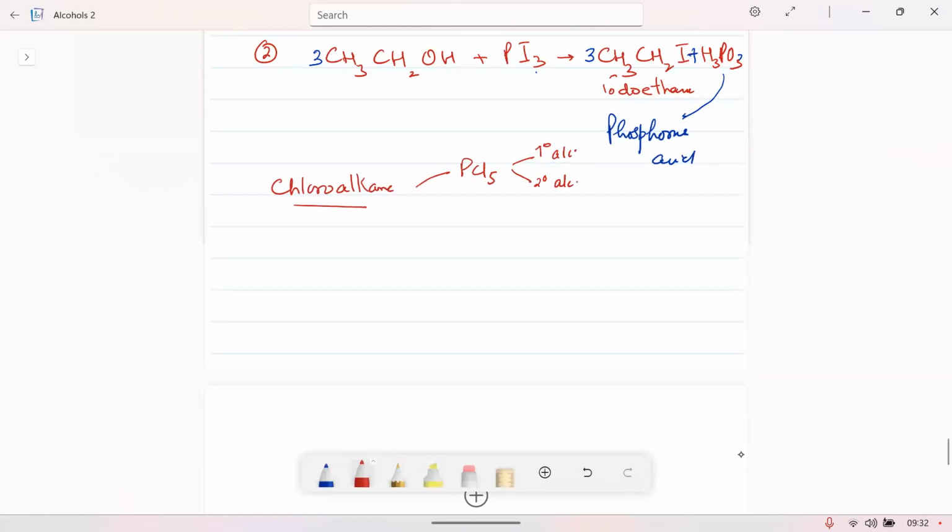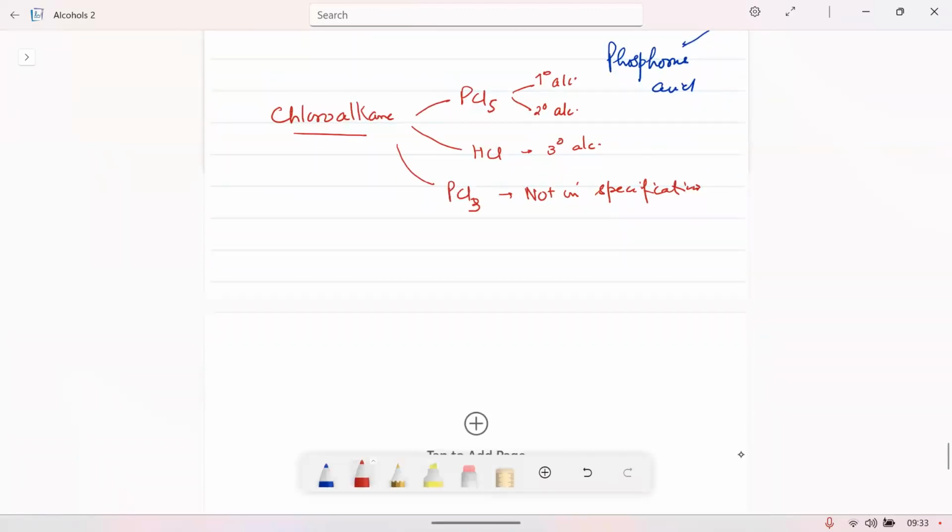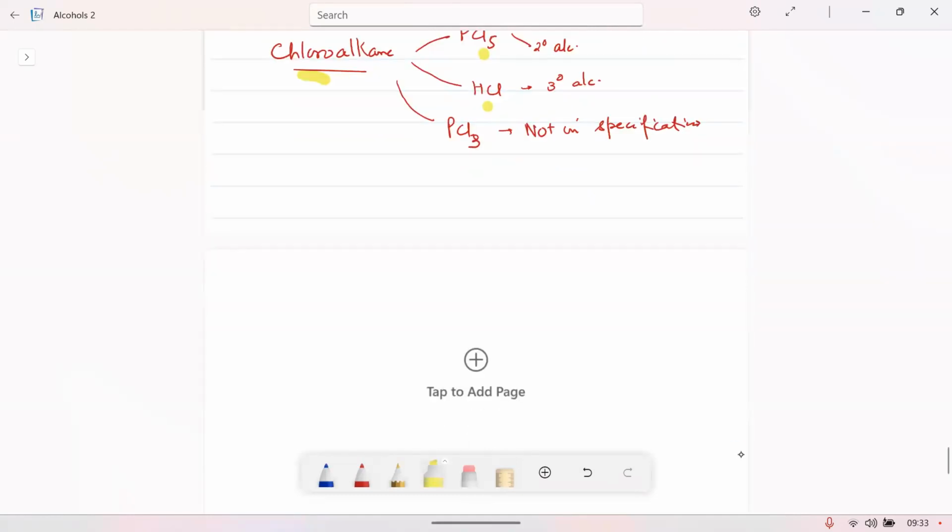Using the primary or the secondary alcohol, you can use the HCl, that is for tertiary alcohols, and you can use PCl3 also, but this is not in the specification, so we are not talking about this. It used to be before in the older specification, not now. So this was all about your chloroalkanes. We have talked about these two reactions.